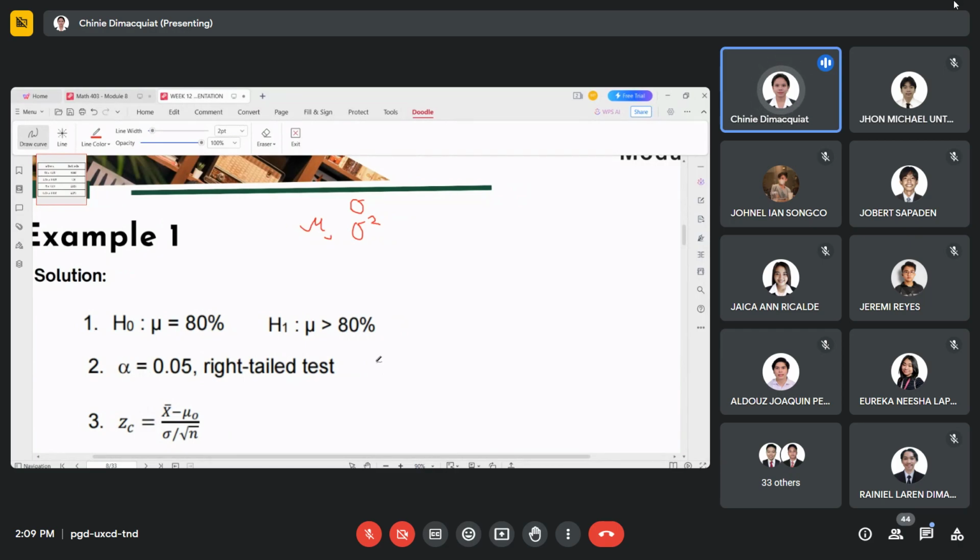I-identify natin yung ating critical values para magkaroon tayo ng basis kung paano magre-reject at mag-a-accept ng null hypothesis. So, try nating i-illustrate.